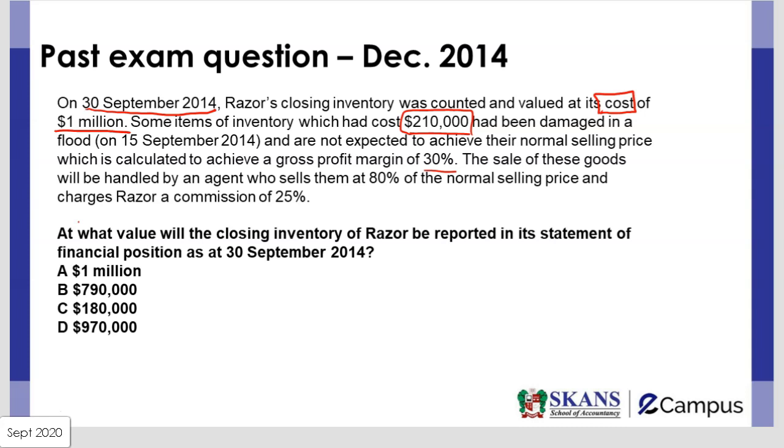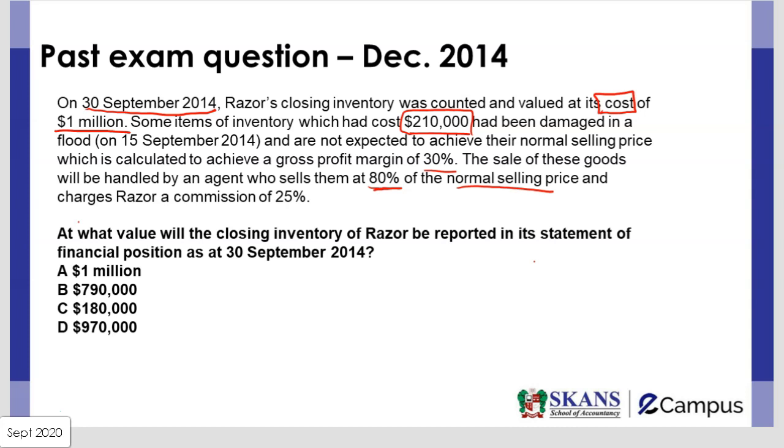Normally speaking, these items are sold at 30% margin. But due to flood, which happened before the reporting date, these items have been damaged. Now the sale of these goods will be handled by an agent who sells them at 80% of the normal selling price. Normal selling price would have been 10,000 with 30% gross profit margin.